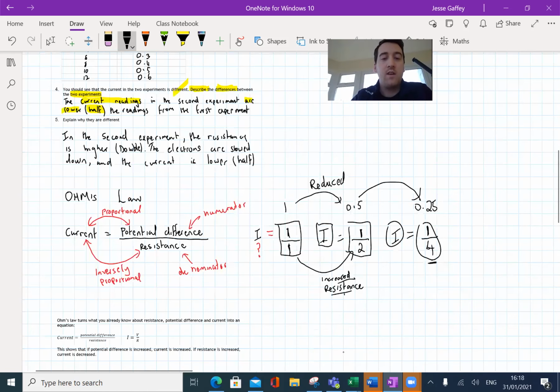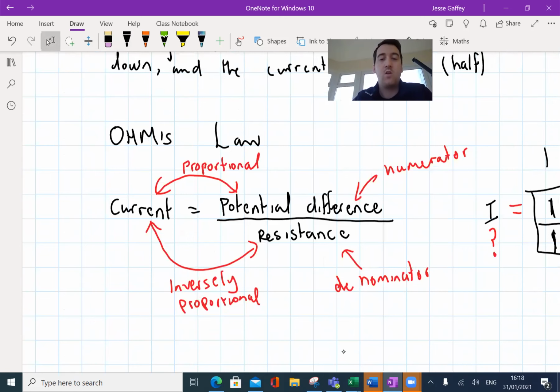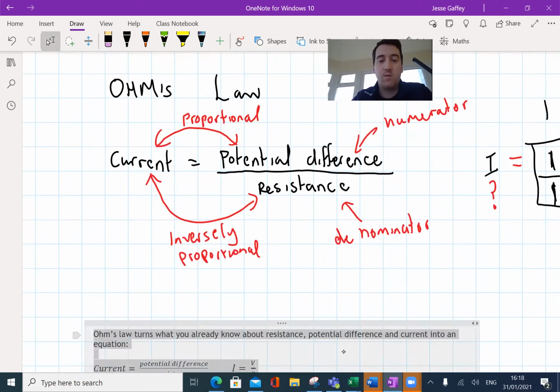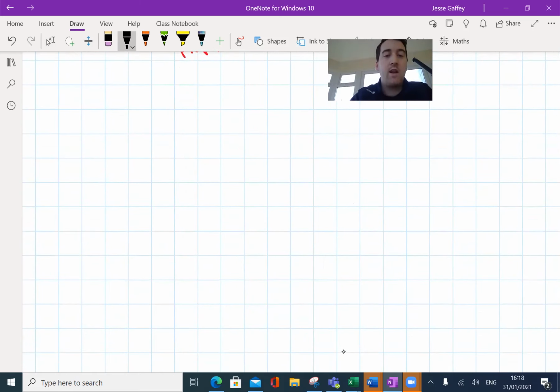Okay, so this formula here is what we call Ohm's law. It can be written like this: I equals V over R. This is Ohm's law. We're not going to practice using it in this video; we will do that in the next video.